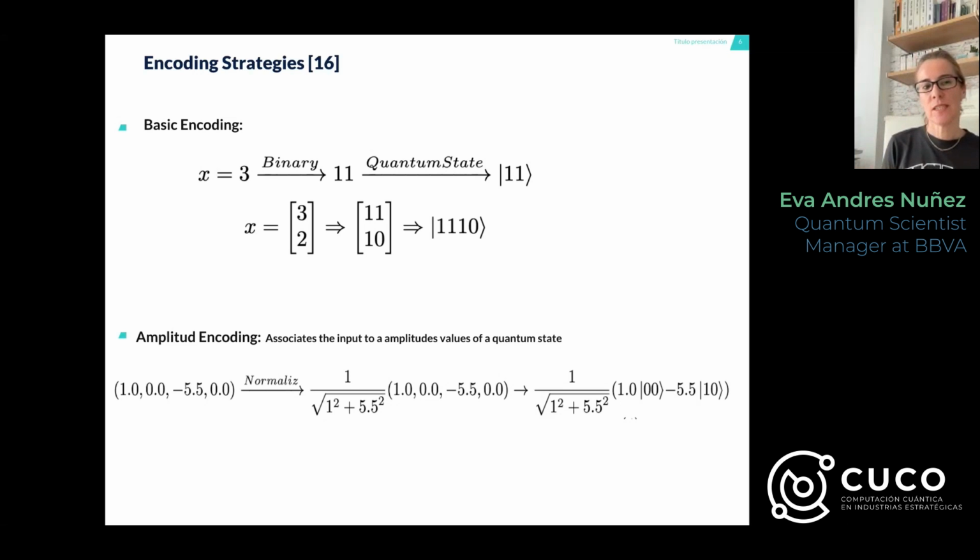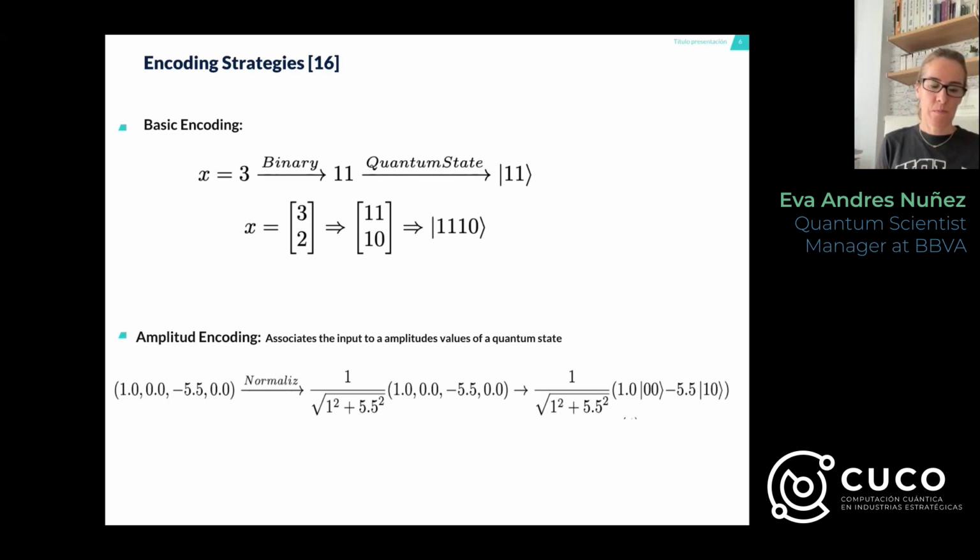Another method very often used and more efficient is the amplitude encoding. With this method, you just need log n qubits, where n is the number of features of your data set, or in the case of reinforcement learning, your environment variables.